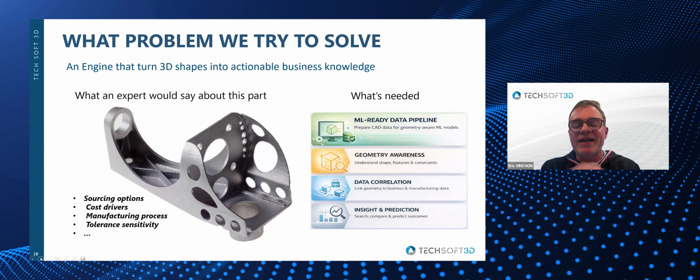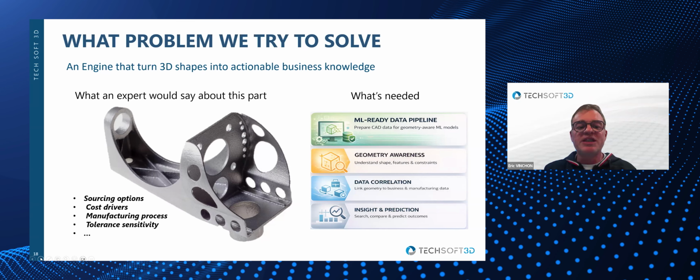Just to start, as a foundational problem, there is no tool that exists that helps people take a CAD file and transform this data so that a machine learning model can learn from it. Even if you have that, there is basically no machine learning model that exists today in the industry that can understand 3D shape. You have some tools that exist, but they don't work with the type of data that we are working with in the engineering world.